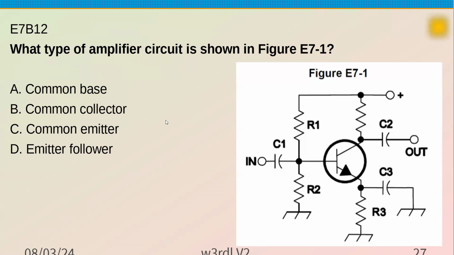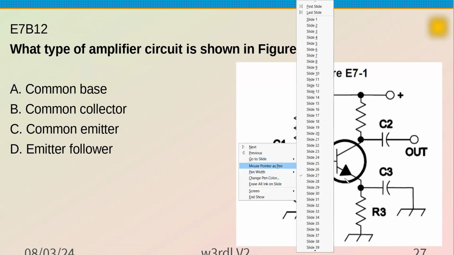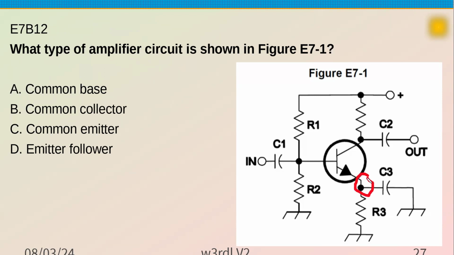So what type of amplifier circuit is shown in figure E7B? The emitter. That's the emitter. This is the base.